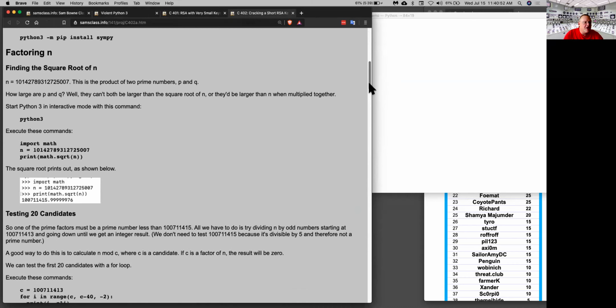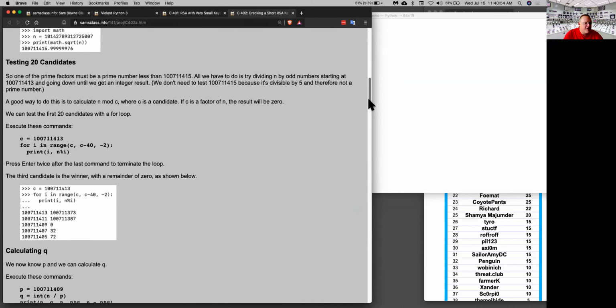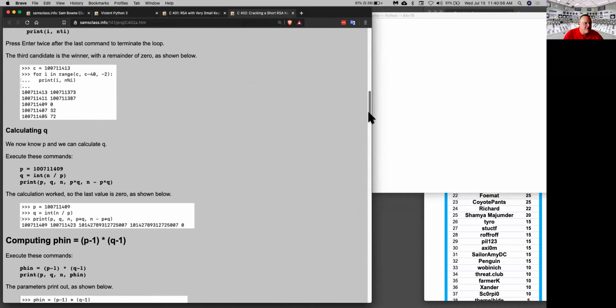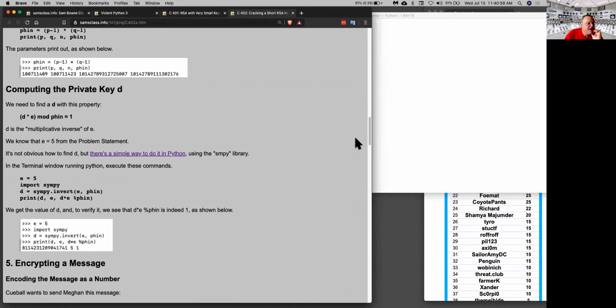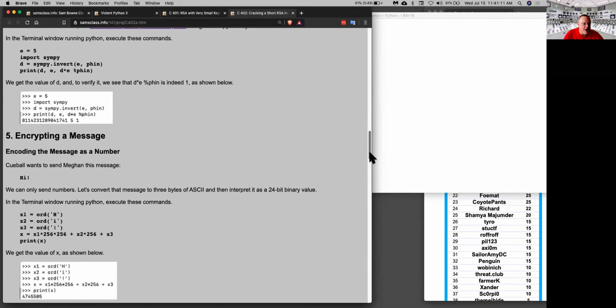So if you install SymPy and import SymPy, you now have a function that will do that for you. So you get from here, SymPy inverse. This calculates the multiplicative inverse on a ring, is what it's called, that does this for you. And that saves you a ton of programming and bother.